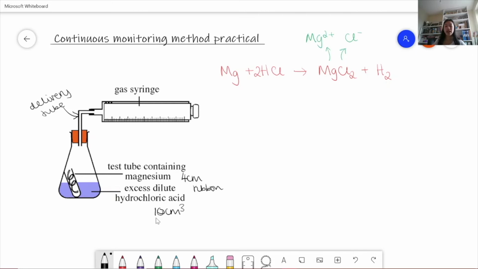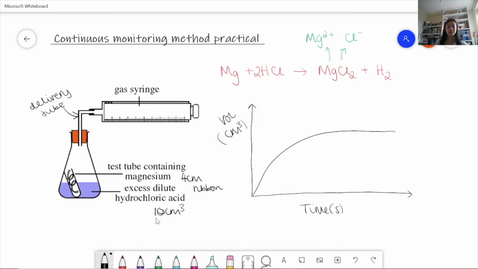And then what you should get after you get the results is when you plot a graph, it should look something like this. So you have the volume, normally measured in centimeters cubed using a gas syringe, and then the time along the x-axis. And you should normally get a graph that looks a bit like this. So at the start here, the rate of reaction is very, very quick.